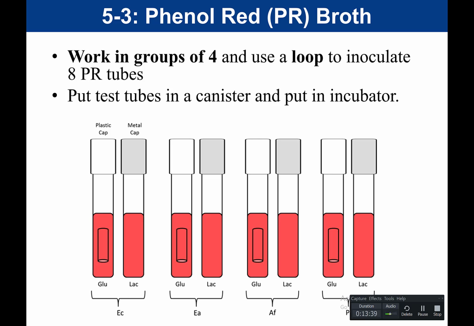So for this slide, you don't really need to know anything, except that the purpose of the Durham tube, that glass tube inside one of the tubes, is used to detect the production of gas. Because some bacteria, when they utilize sugar, will produce gas. And the Durham tube will allow us to visualize if gas is produced. You don't have to memorize that the plastic cap was the glucose and the metal cap was the lactose.